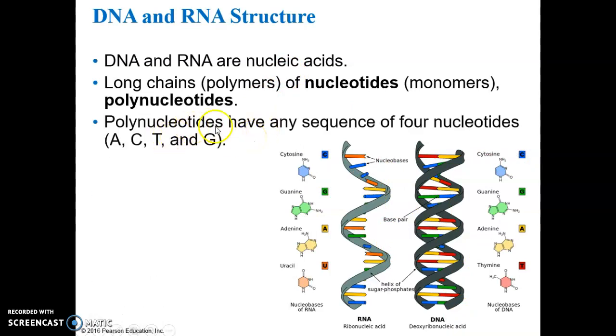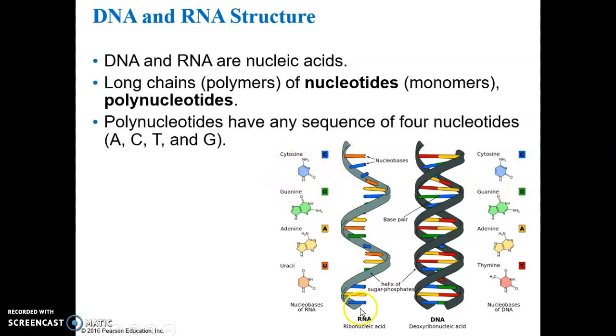The polynucleotides, the long molecules of DNA and RNA, have any sequence of 4 particular nucleotides. We're talking about DNA here, and we abbreviate the nucleotides as A, C, T, and G. Those initials stand for adenine, cytosine, thymine, and guanine. Those are the 4 different nucleotides identified by these letters, and they're actually the letters of what are called the bases of the nucleotides, which we'll get into.